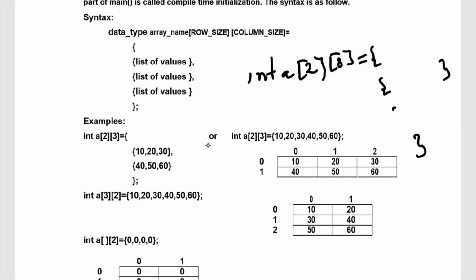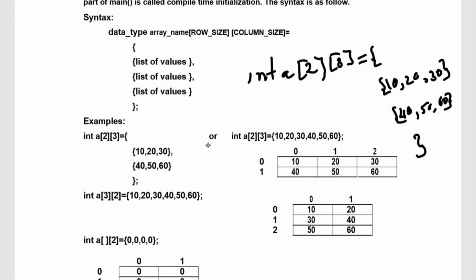So that many in a curly brace I write. How many columns are there? Those many values I am going to write here. Right. So in row 1, column number 1 is 10, 20, 30, so on. Column number 2, column number 3. Now similarly, for row 2, column number 1 contains 40, next it contains 50, next it contains 60.